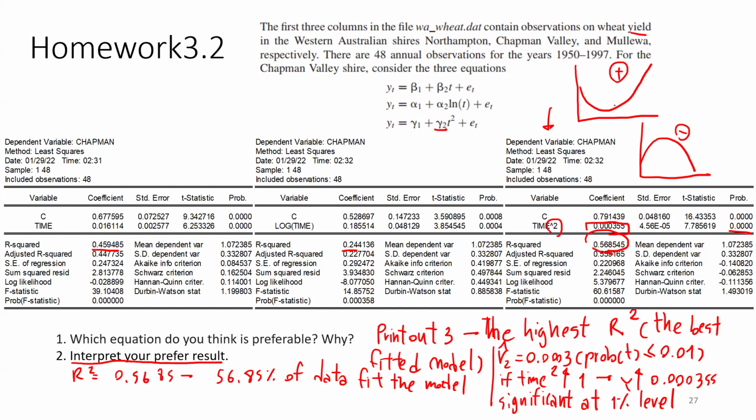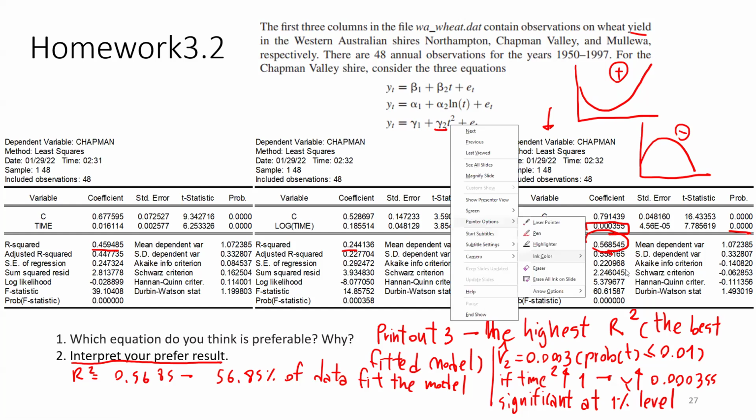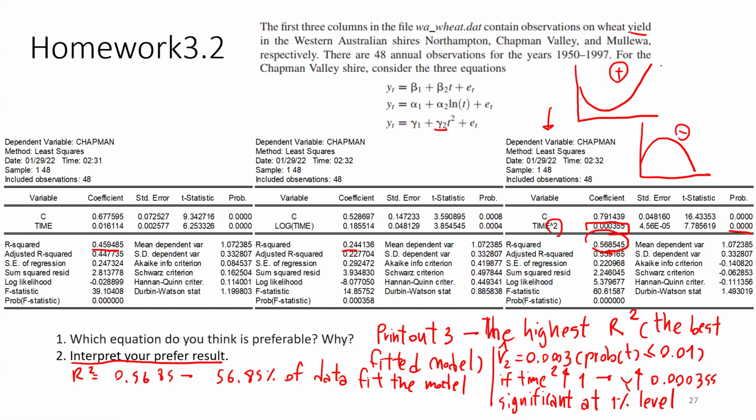If it's positive, your figure becomes like this, which in economic theory is called increasing return. But if it's negative, it's decreasing return.